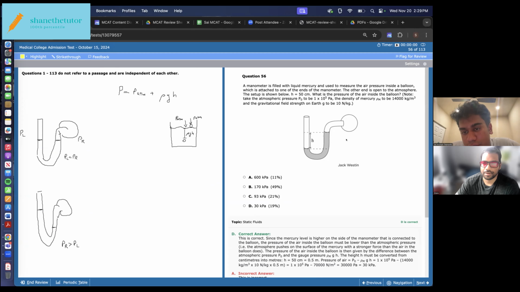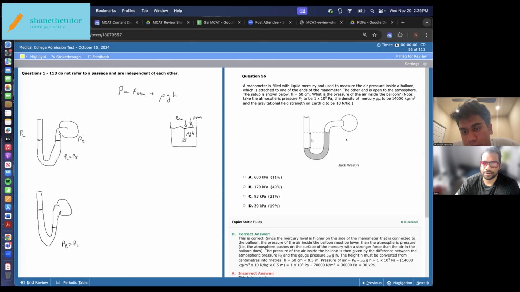Now I'm going to give you some multiple ways. They're telling us in the question stem that the left side is open to the atmosphere and that the atmospheric pressure is 1E5 pascals, right?